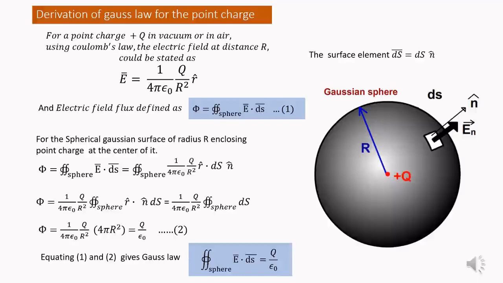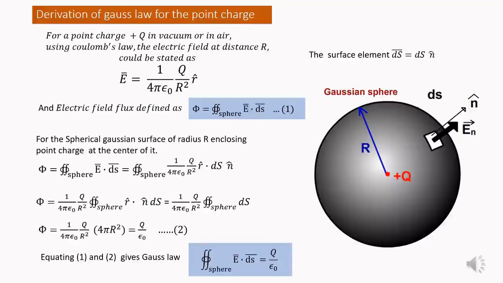Then we can go ahead with this particular flux expression, and we substitute for the E bar from the earlier expression. Okay, now we could check that this particular E bar at the distance R is a constant. So we can pull this E bar out of the surface integral, keeping only the direction R cap inside. And we could write ds bar, the surface element or normal vector, as ds multiplied by normal vector n cap.